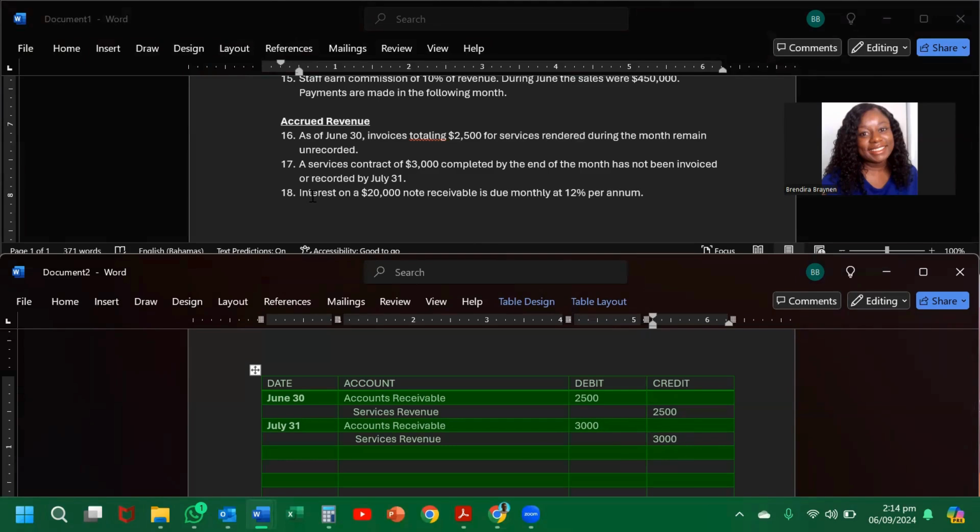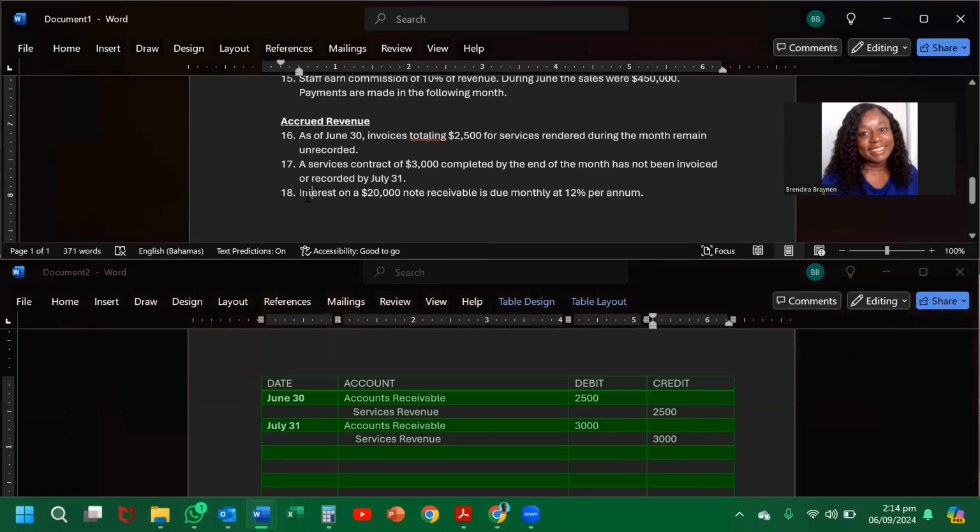Okay. The third one says interest on a $20,000 note receivable is due monthly at 12% per annum. Just like a company can pay interest for something that they borrowed, companies can also lend money out and are then paid interest for the amount.